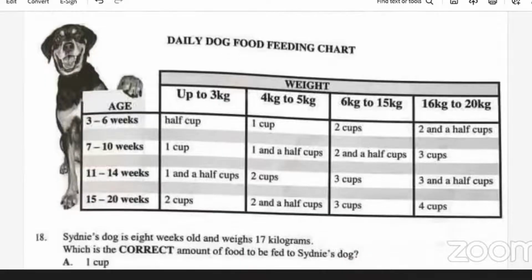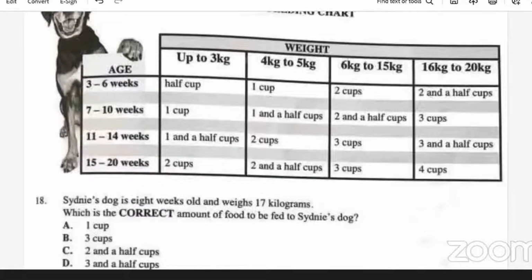So here's a chart, the daily dog food feeding chart, and it tells the age, 3 to 6 weeks, and based on the weight, how many cups they should get. All right, so based on the age and then the weight, you decide. So Sydney's dog is 8 weeks old and weighs 17 kilograms. What is the correct amount of food to be fed to Sydney's dog?